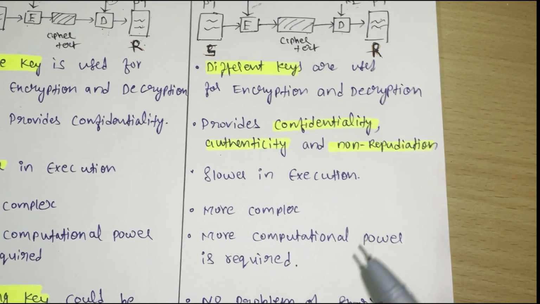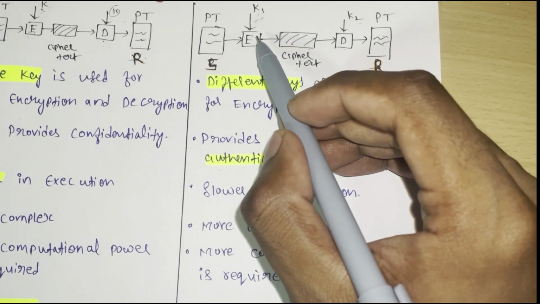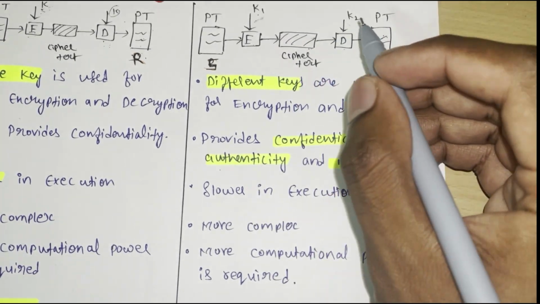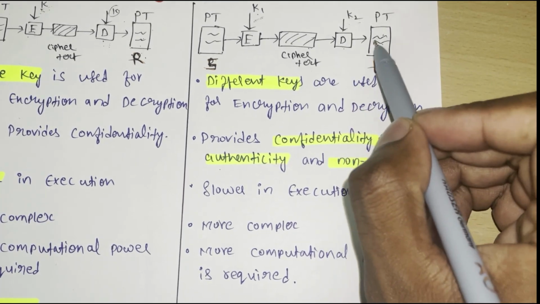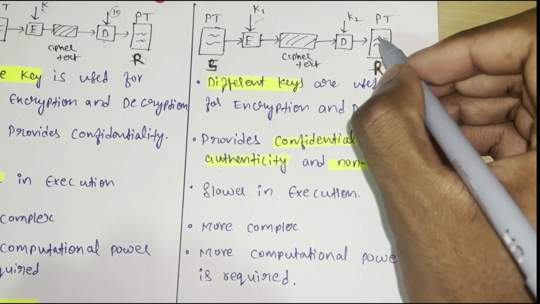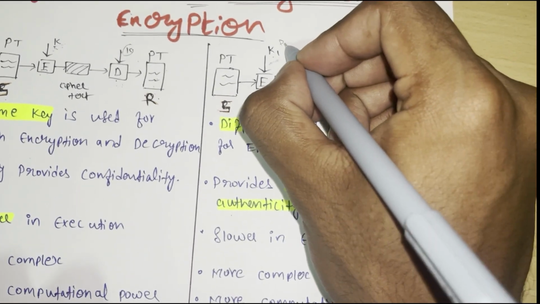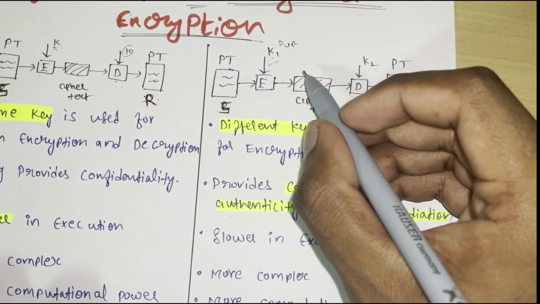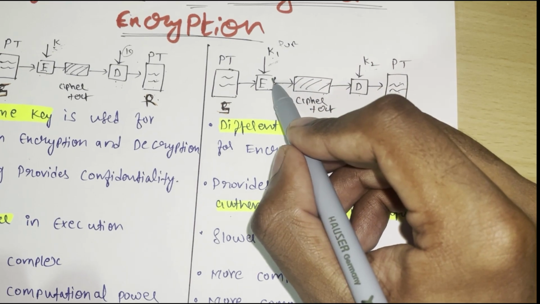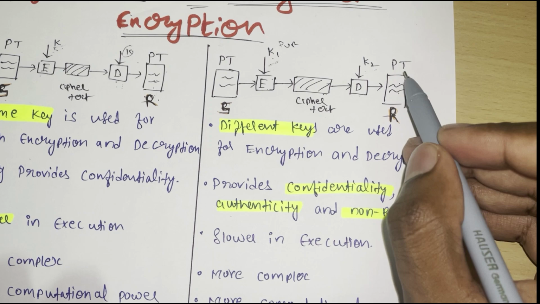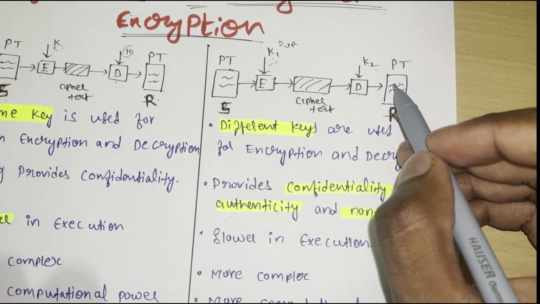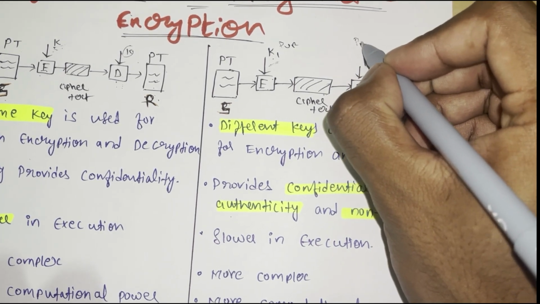So the private key and the public key concept will come into play, wherein the public key of the receiver is used to encrypt. Once it is encrypted, only the receiver can decrypt with his private key.